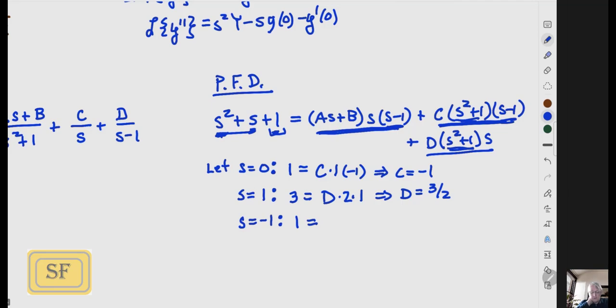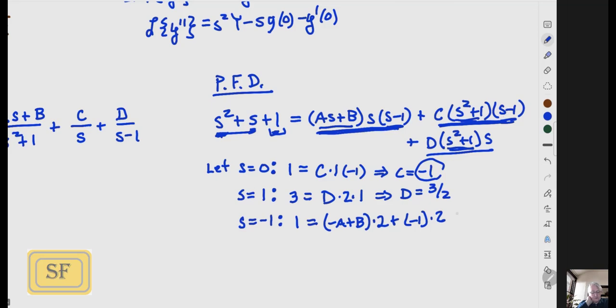So negative 1 times negative 2, that's going to be a 2 times 2, plus C, well, we know C is negative 1, times s squared plus 1. Negative 1 squared is 1, so 1 plus 1 is 2, and negative 1 minus 1 is negative 2, and then plus D, and we know D is 3 halves. And then s squared plus 1, again, that's 1 plus 1 is 2. And then s is negative 1.